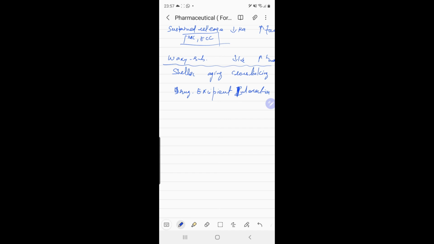There may be excipients which can increase the retention time of the drug product also. They have low density and impart buoyancy to the product. So there may be retention for a longer time at a particular site by the excipients.